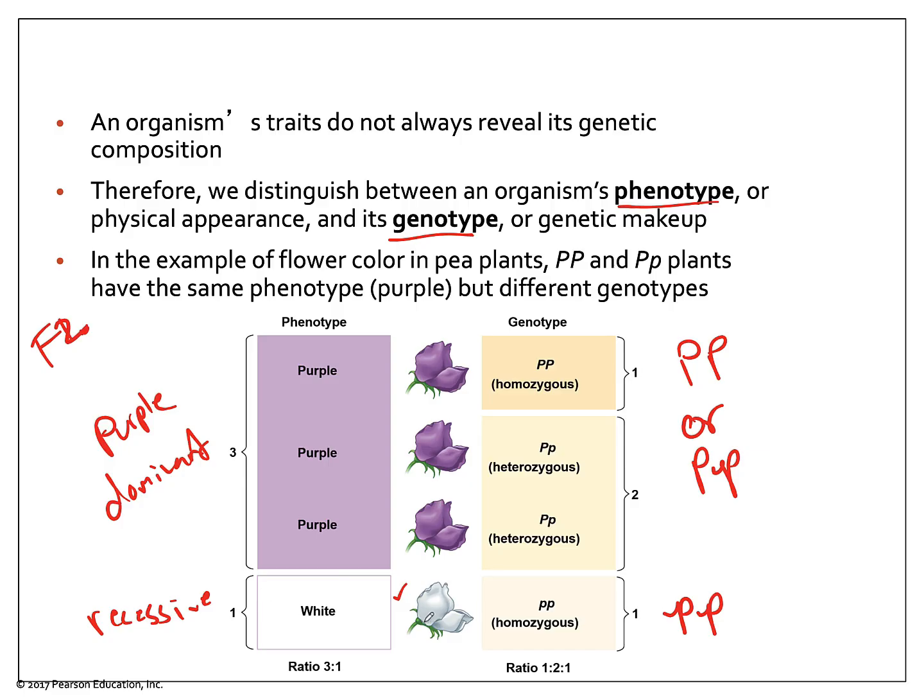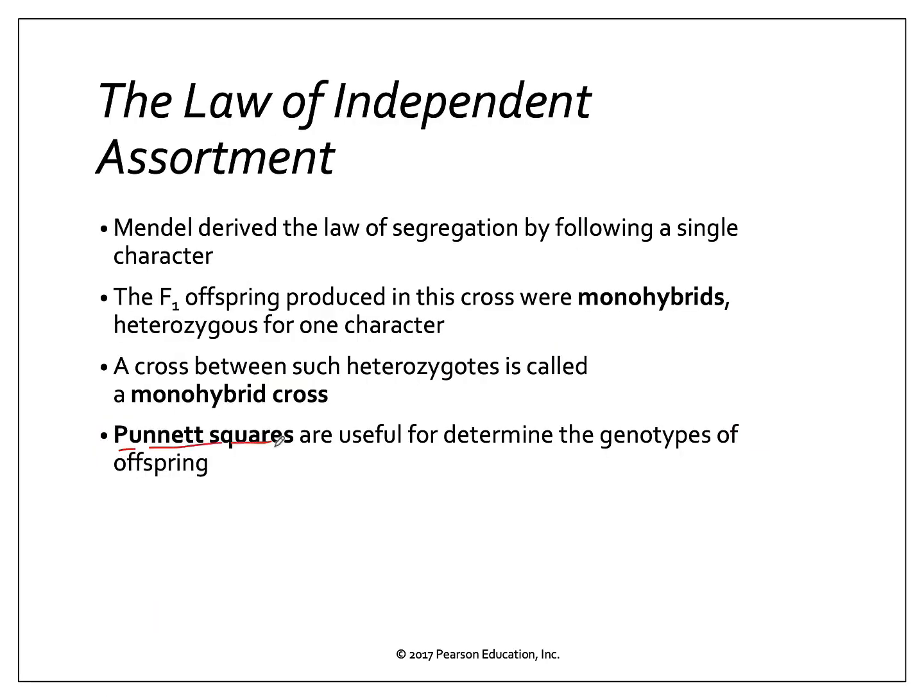So when you have a recessive trait, yes, you can figure out the genotype because there's only one possibility. However, when you look at a dominant phenotype, like purple, you have 2 different options for what its genotype could be. So we use a tool called a Punnett square for determining the ratio or the genetic possibilities of offspring in a cross. Let's look at Mendel's experiment and show you the Punnett squares for the different generations.